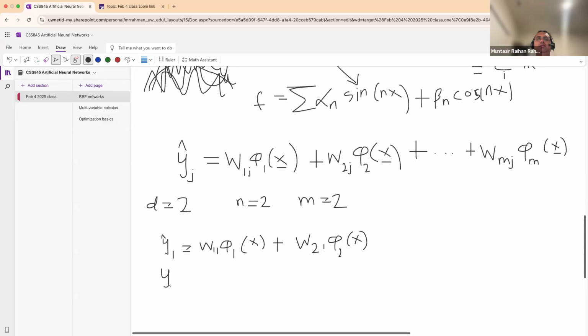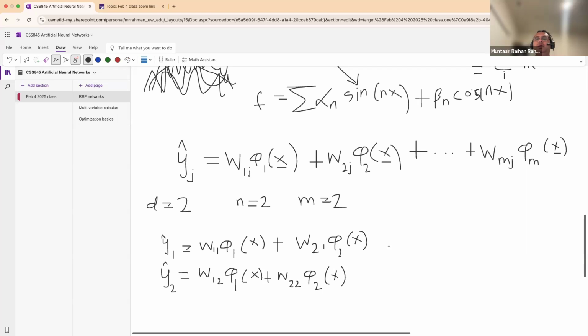and then I'm going to have y2 hat equal to w12 phi 1 of x plus w22 phi 2 of x, right?